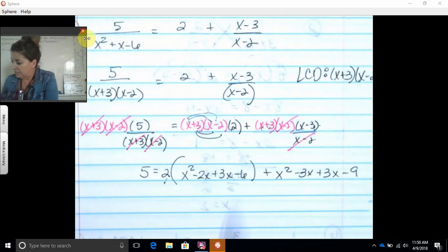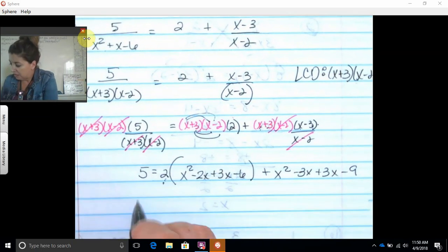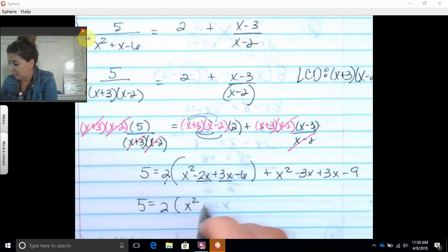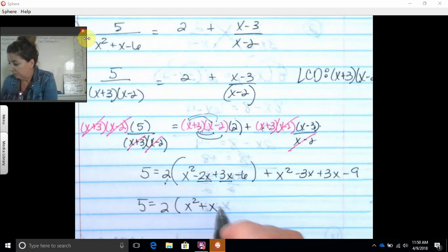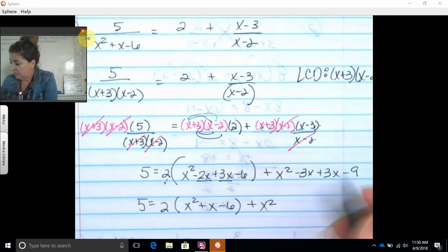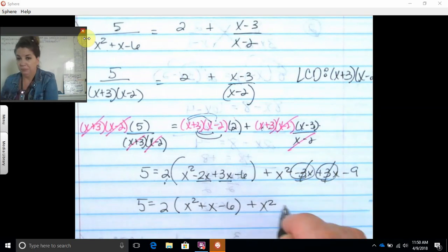But before I do that, I can simplify inside those parentheses, so I'm going to do that. So 5 equals 2 times x squared negative 2x plus 3x is plus x minus 6 plus x squared, negative 3x plus 3x is 0, and then don't forget your minus 9.